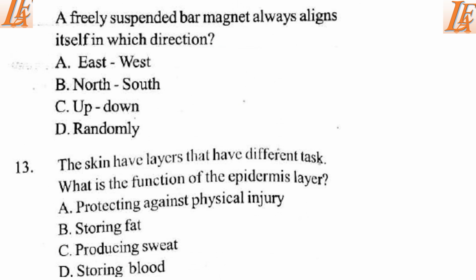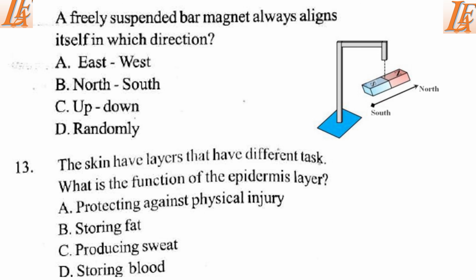Question 12. A freely suspended bar magnet always aligns itself in which direction? So in this case, if you have a magnet and then you suspend it freely and you swing it, in what direction is it going to settle and why? This magnet will settle in a north-south direction, like you can see on the screen.